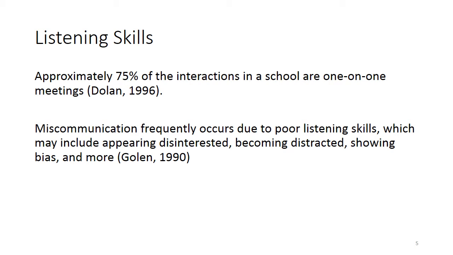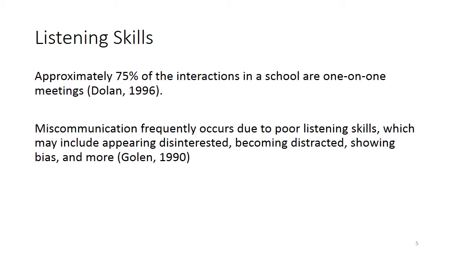Now, why should a simple conversation lead to miscommunication? Well, that may happen for a number of reasons. Golan in 1990 identified a number of reasons why miscommunication might occur. Poor listening skills, because as you're listening, you may appear disinterested, and sometimes you're really not disinterested.